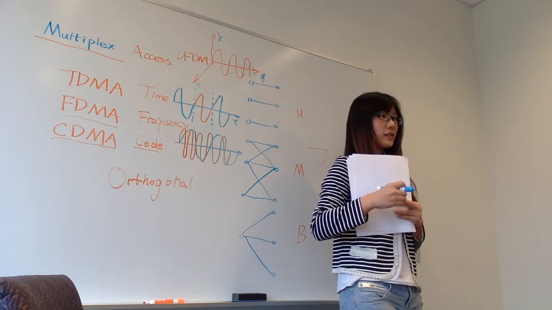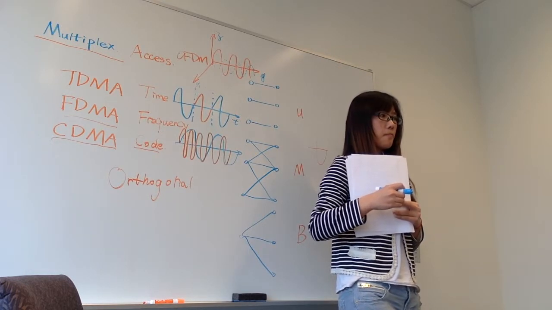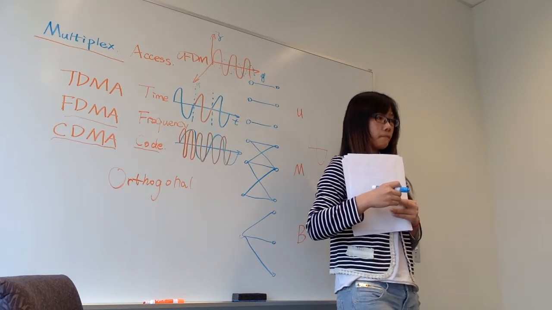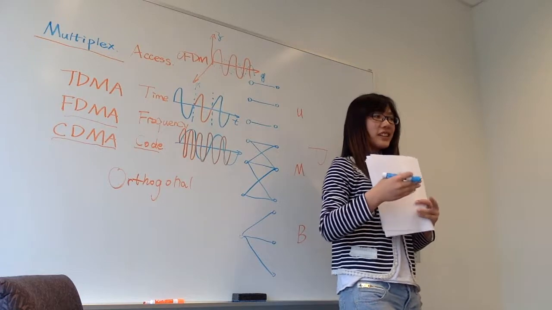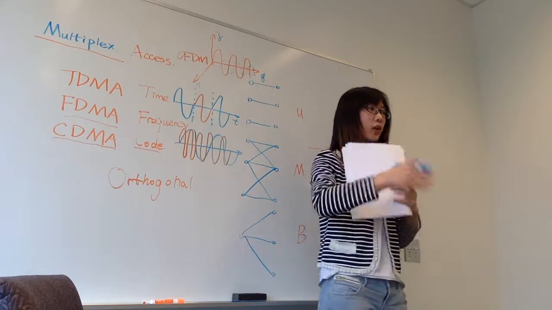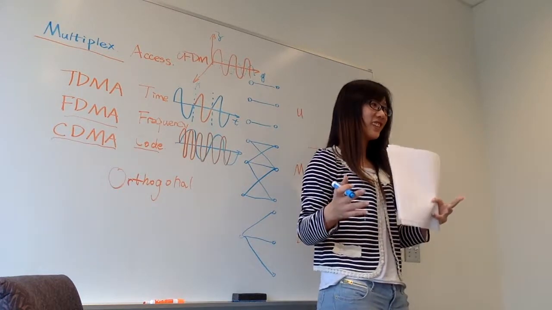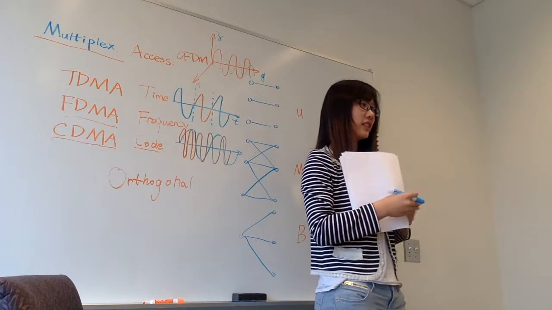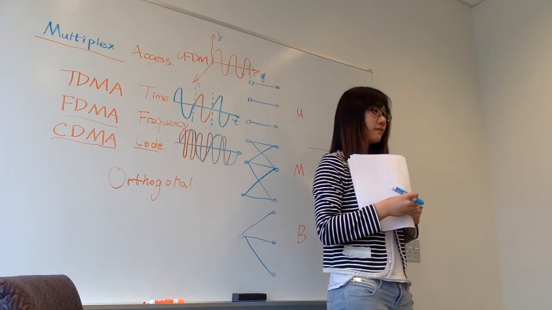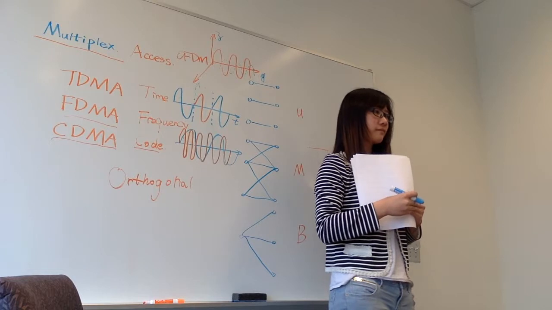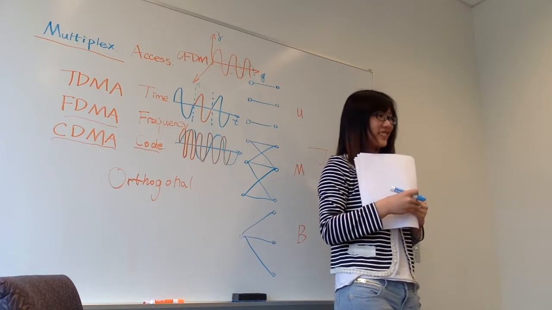So the multiplex, from my own understanding, is a way to share this media. Am I correct? Yeah, it is correct. As I explained, all the waves are mixed in the air, but you have to differentiate them. Is that clear?